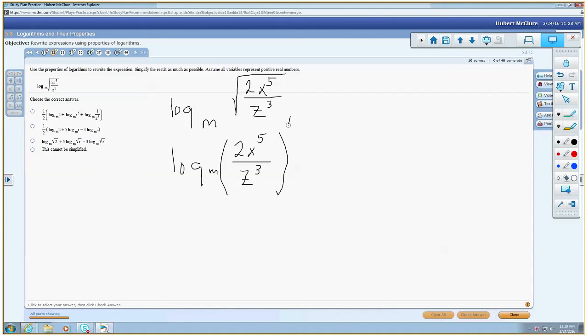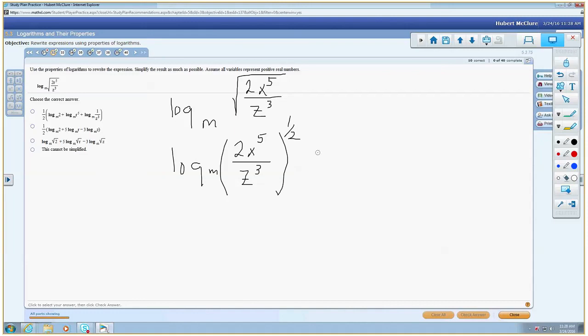To the 1/2 power. Now, like I said, you can pull the 1/2 out front and put everything in a big set of brackets, or you can distribute the 1/2 using the power rule, and that would be 2 to the 1/2 x to the 5/2 over z to the 3/2. Either way, you're going to get the same answer.